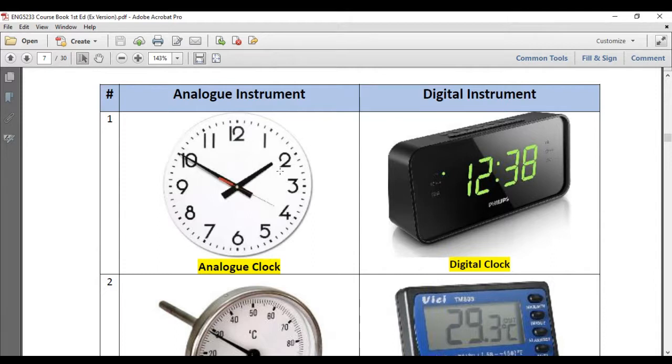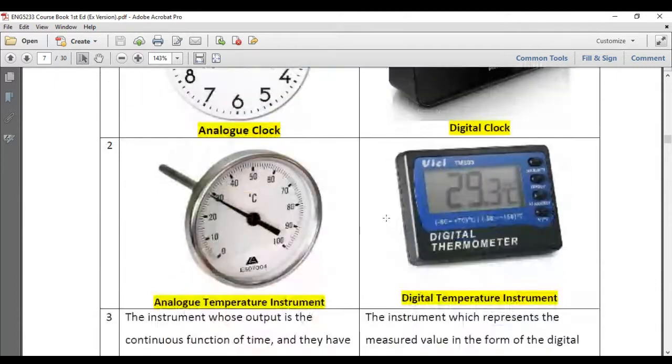What is the time? While the digital is different. Digital straight away gives you the numbers on the display to read. So you can easily read what is the time. For example, here it's 38 minutes past 12. So this is the major difference between the two.